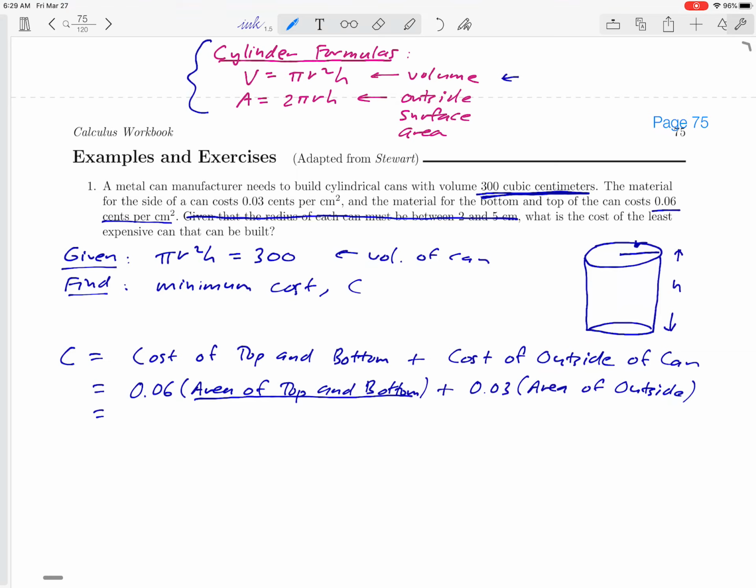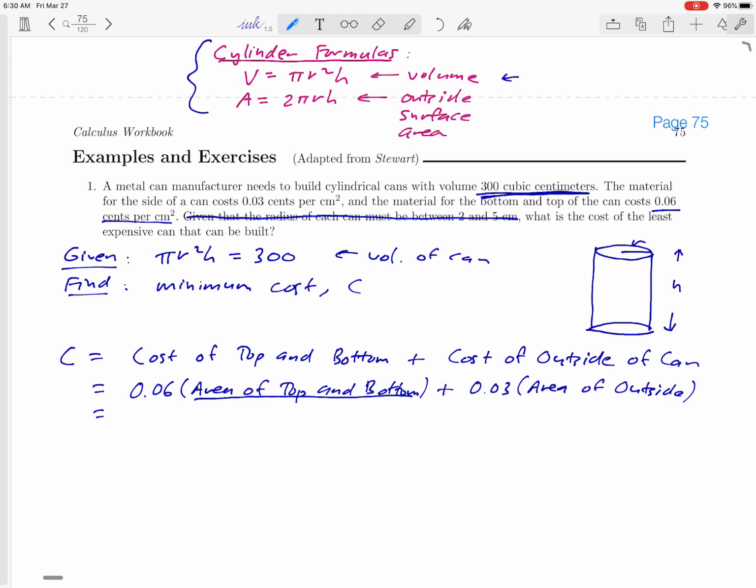Okay, so to proceed here, we need to ask ourselves, what would the area of the top and the bottom of the can be? Well, let's look at our picture. So what shape do you see when you look at the top of the can? I see a circle there. Oh, my can disappeared. Hang on a second here. Let's redraw that.